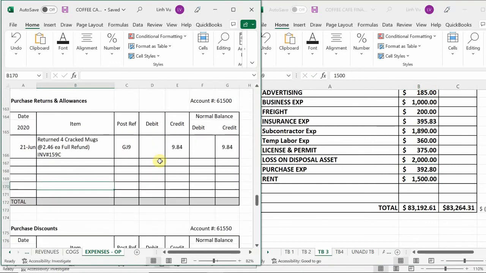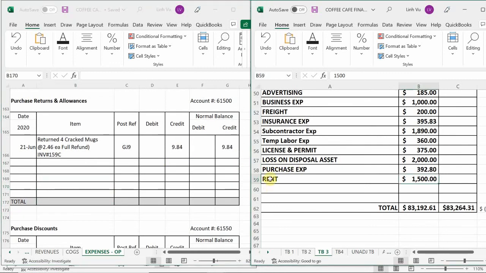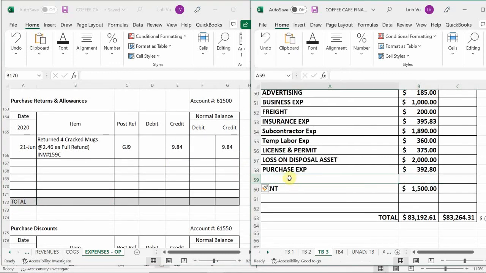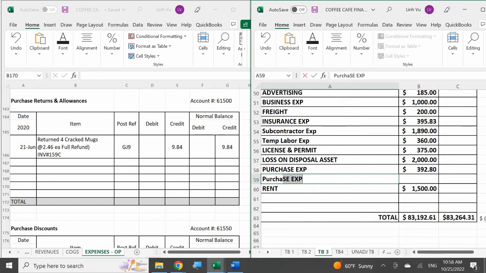All right. We have a purchase returns and allowance. Yes. So I gotta insert that. Okay.